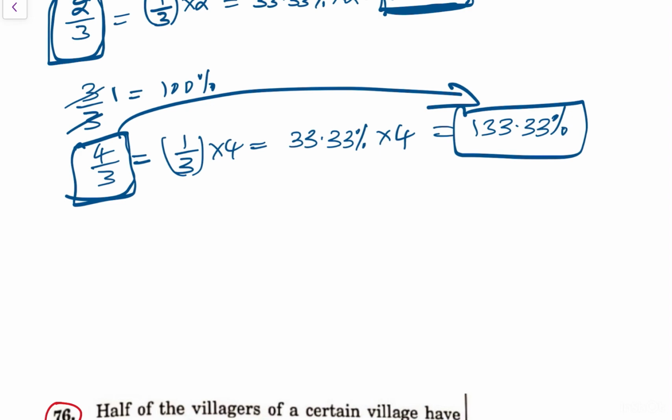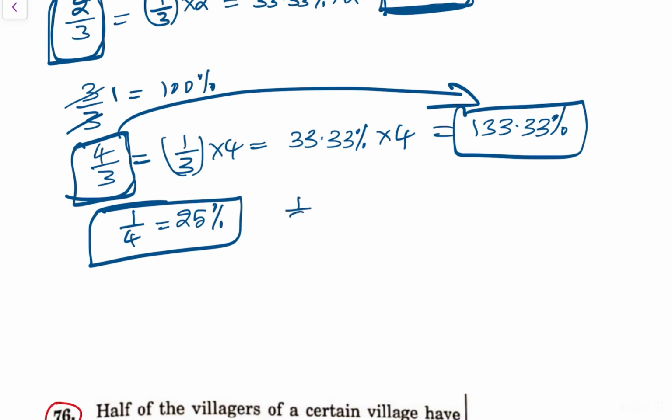In a similar way, 1 by 4 is what? 25%. ठीक है, and 1 by 5 is equal to 20%. Same again, 100 by 5 is 20%.